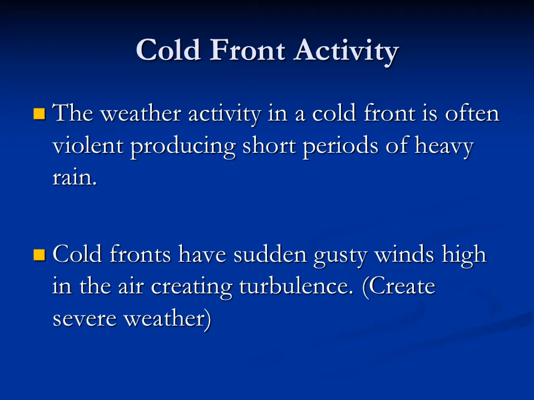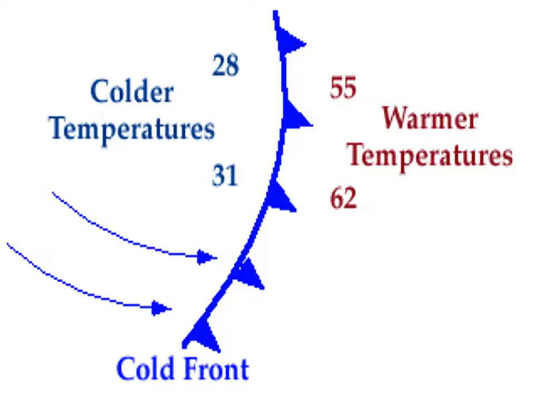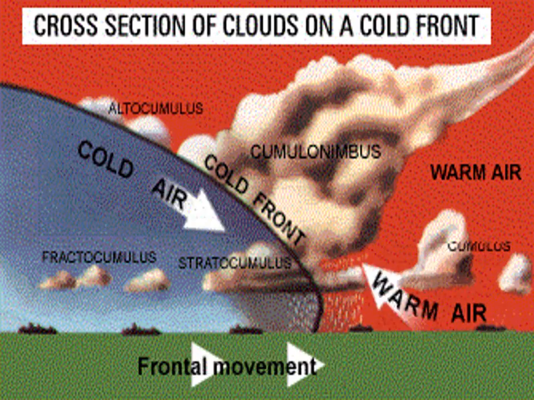So that would be like a sudden downpour. Cold fronts usually have very high winds and create severe weather, thunderstorms, hail, that kind of thing. So this is just a diagram showing you that the cold front is moving into an area that has warmer temperatures, and the triangles point to the direction that the cold front is moving towards.